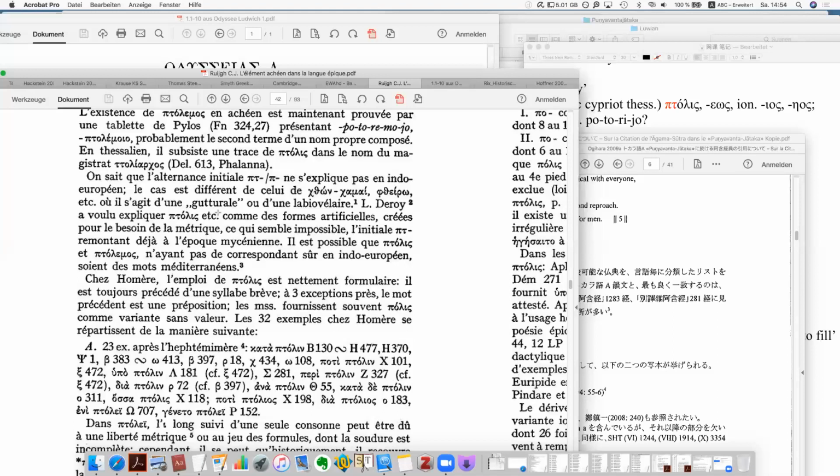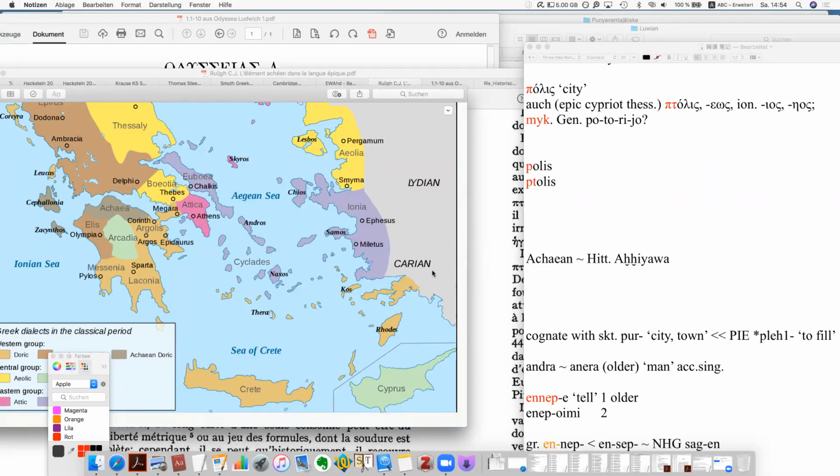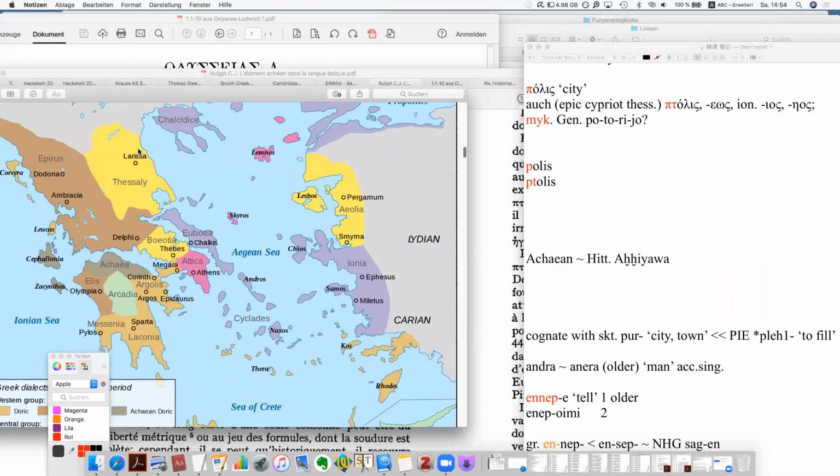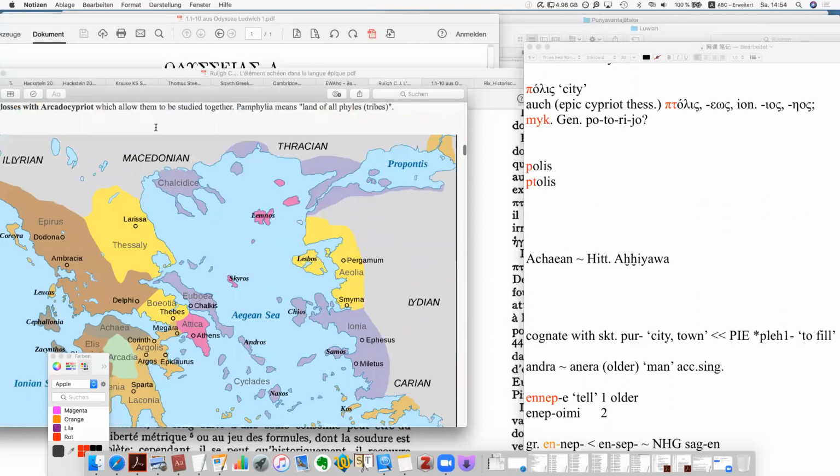So this form is restricted to specific dialect areas. Like you see Cyprus, you all know Cyprus here is close to Western Anatolian, and also Thessaly. So Thessaly is here. It's not really Western Anatolian, but they are connected, right?